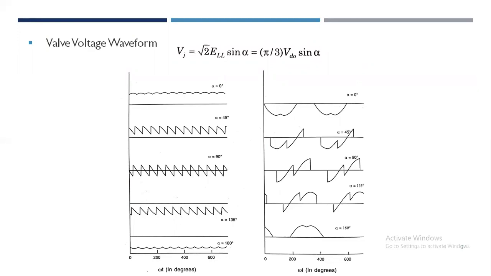The valve voltage waveform can be obtained from the expression, and the voltage jumps are all of the same magnitude, given by Vj equals root 2 ELL sine alpha, which is pi by 3 VDO sine alpha.